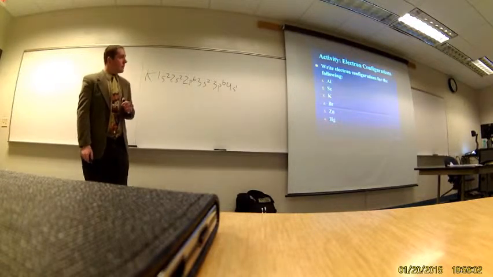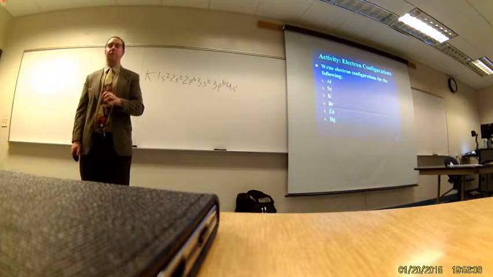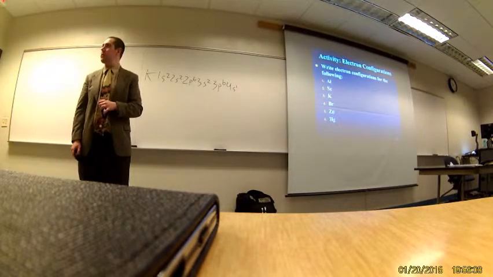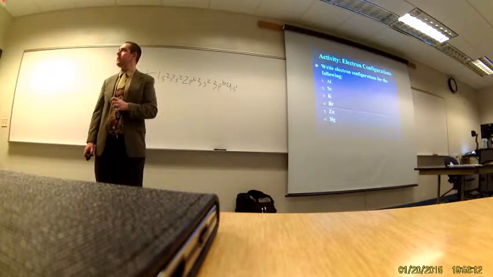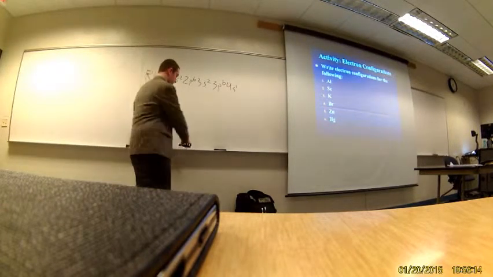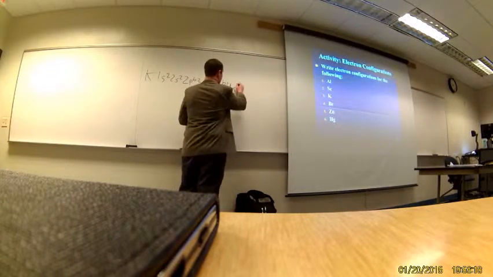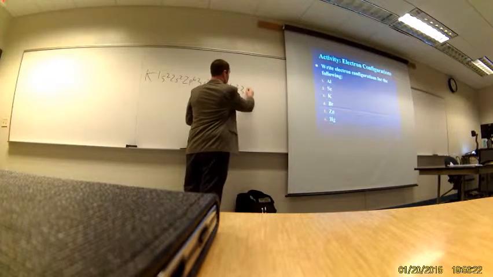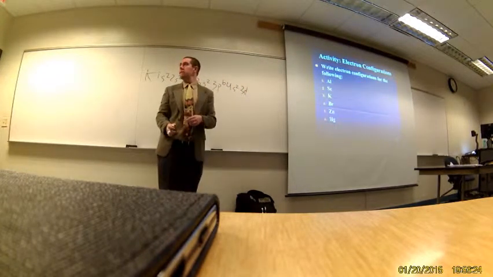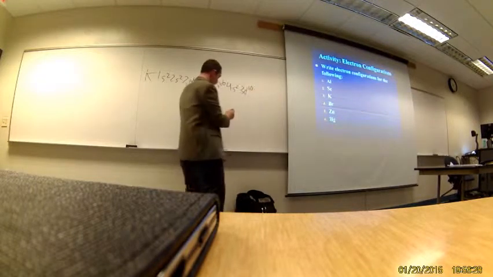So what can we make easy from potassium? Zinc. What do we have to do to turn potassium into zinc? 4s1 becomes 4s2, and then 3d10. The count is going to be 10.